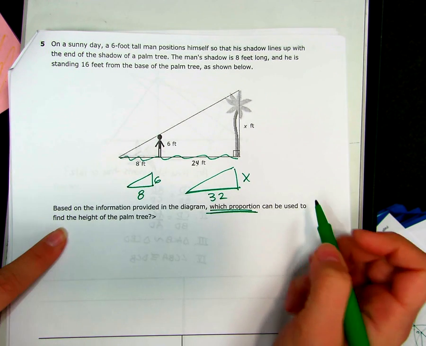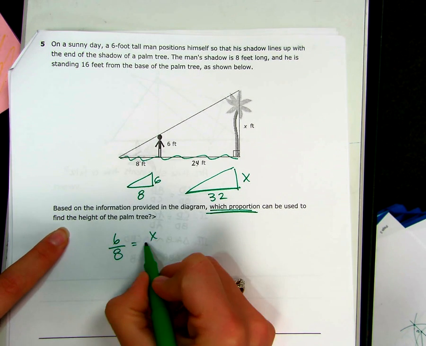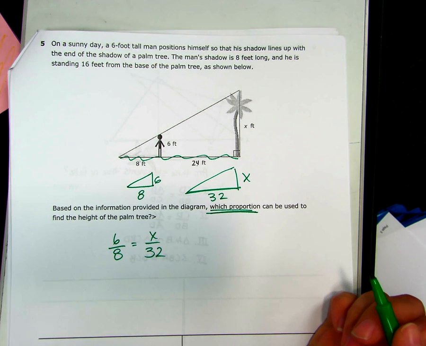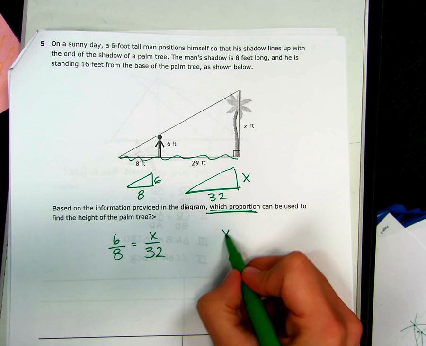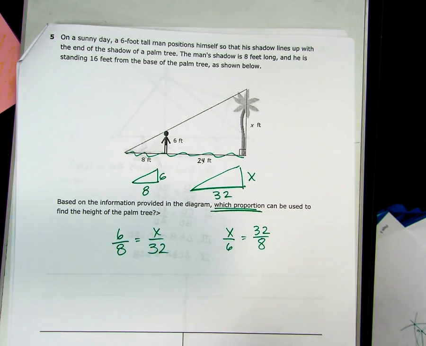So which proportion could be used? Well, I could write 6 over 8 equals x over 32. There are lots of other proportions I could write. I could write x over 6 equals 32 over 8.